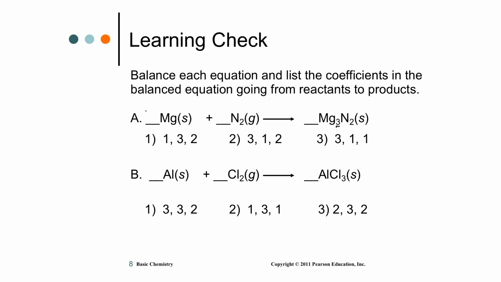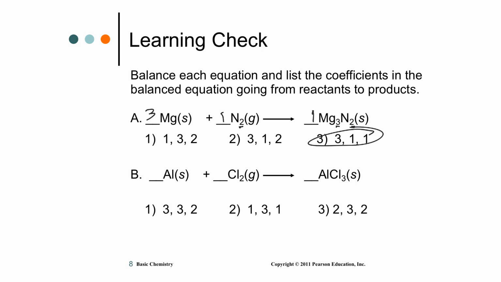So I'm going to put a 3 in the front. Now I have 3 magnesiums, 3 magnesiums. I've got 2 nitrogens and 2 nitrogens, so they're already balanced. I'm just going to leave that as a 1, and that is a 1, and there is my balanced equation, 3, 1, 1.